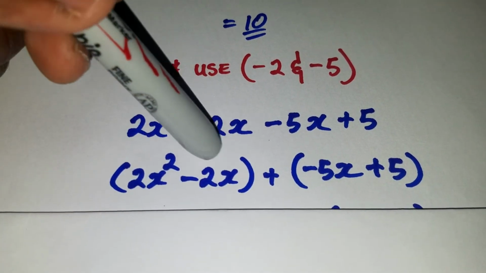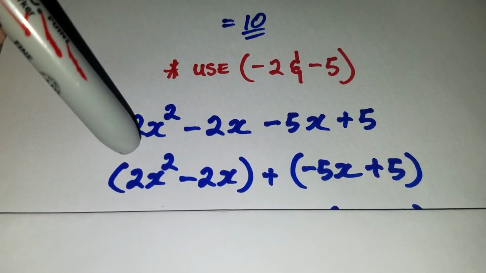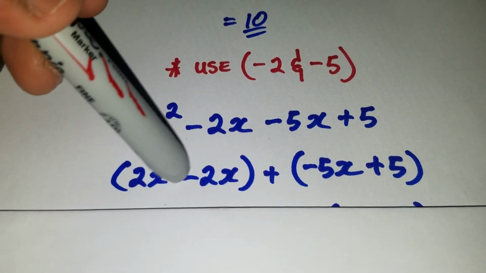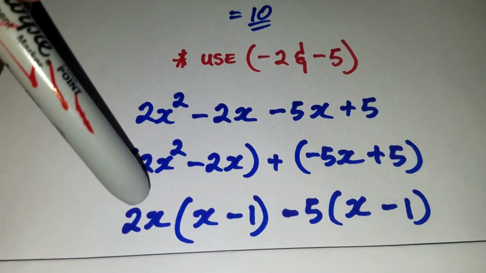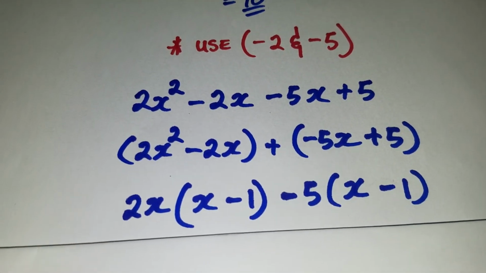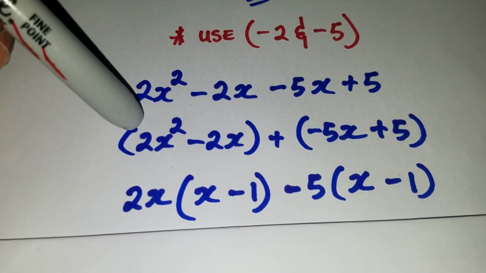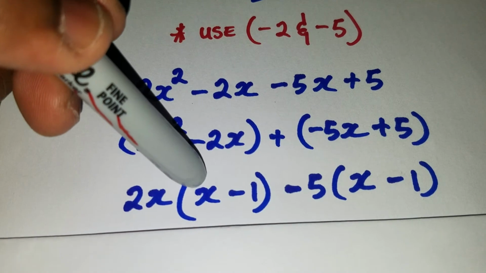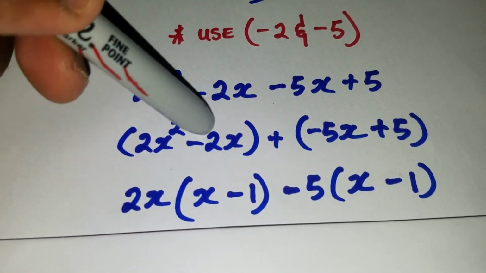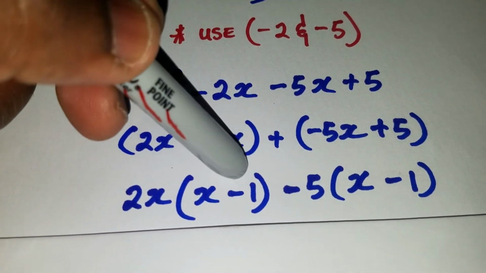The common term for this side would be 2 and x. So when we factor out 2x out of 2x squared, we're going to be left with x. And if we factor out 2x out of negative 2x, we're going to be left with negative 1.